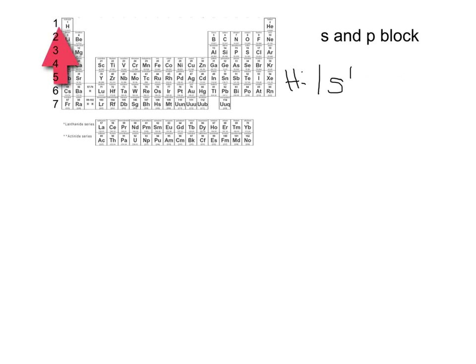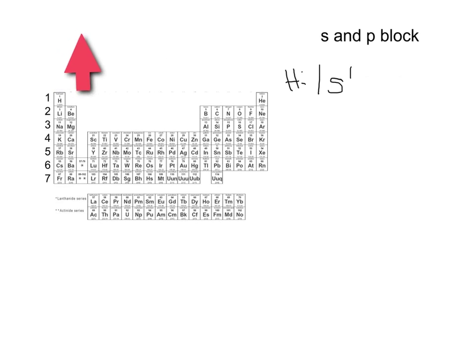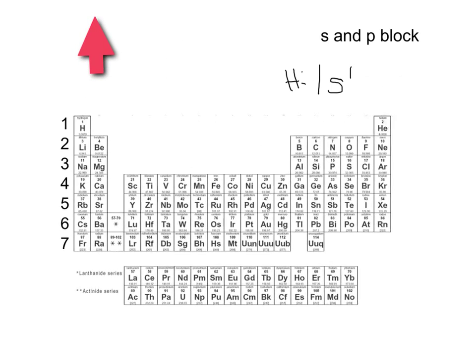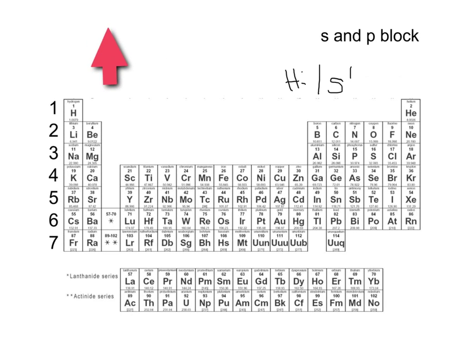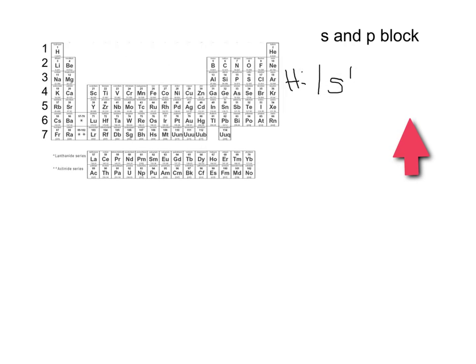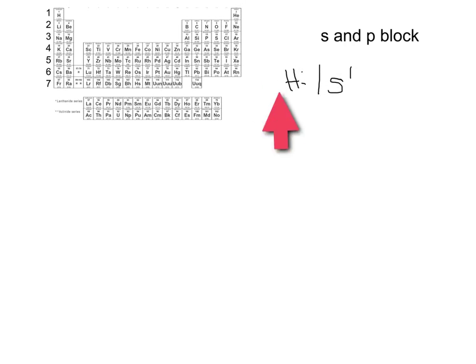Now, oh no, where's my arrow? What we're going to do is helium next. Okay, so let's put him back. And let's look at helium. The first number corresponds to the energy level. What row is he in? Oh look, he's in row number 1.